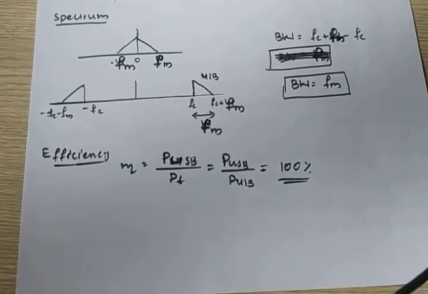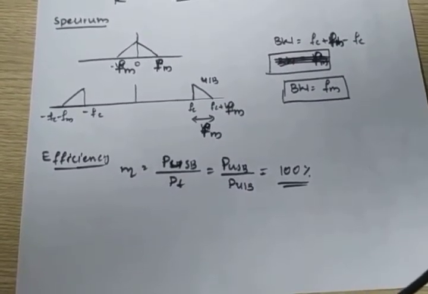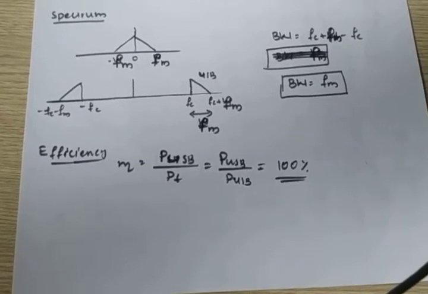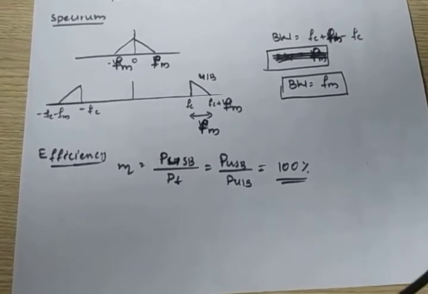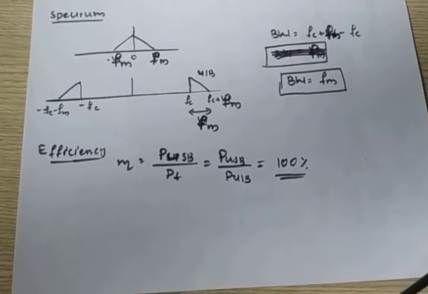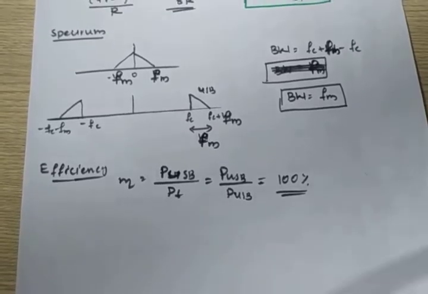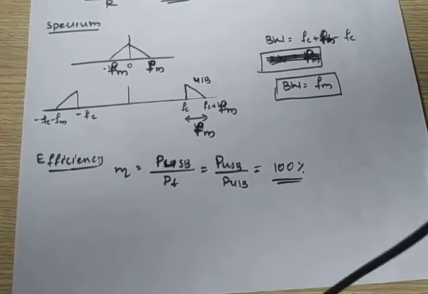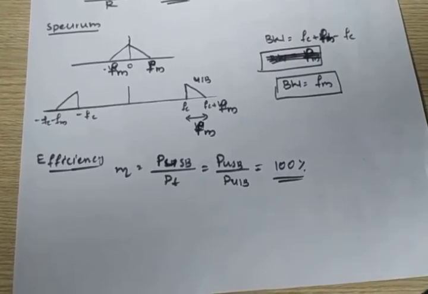Why do we need to choose SSB? Because we can reduce the bandwidth, and the transmitted power also. In DSB we need to transmit two sidebands, but in SSB only one sideband is transmitted, so transmitted power we can save and signal bandwidth reduces.